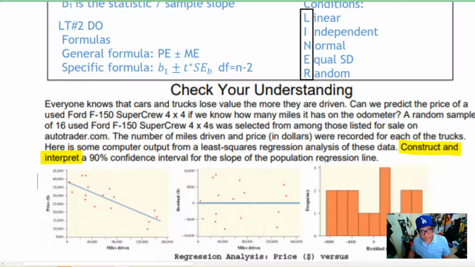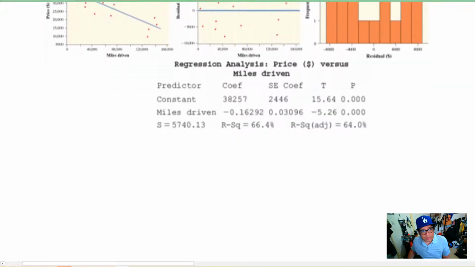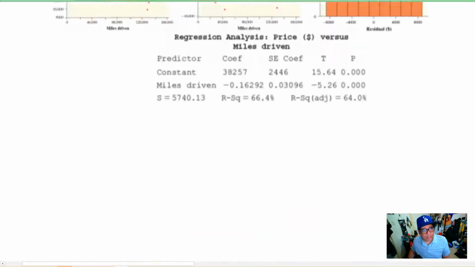Normal, so the residual plot doesn't show skew or outliers. Equal standard deviation, the residual plot doesn't have a triangular shape to it. And finally, random, this came from a random sample. So the LINER is all the way done.